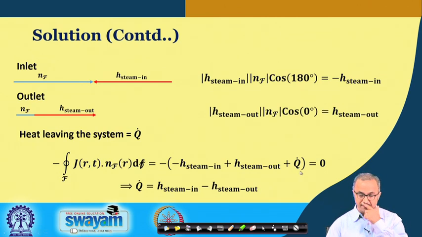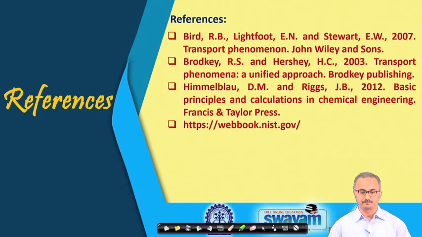So, this heat should not be taken as any kind of generation, but should be taken as a heat flux. Once we have written this expression at steady state, we find that the amount of heat liberated going from the steam to the liquid is the difference in the enthalpies of the incoming steam and the outgoing steam. This is the way you solve for the amount of heat liberated by the steam.